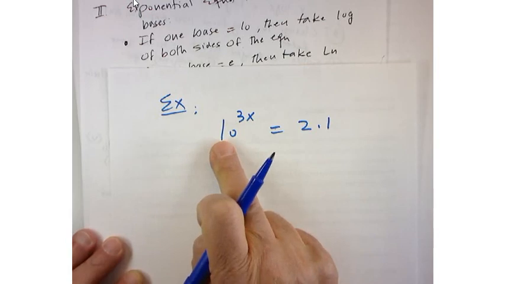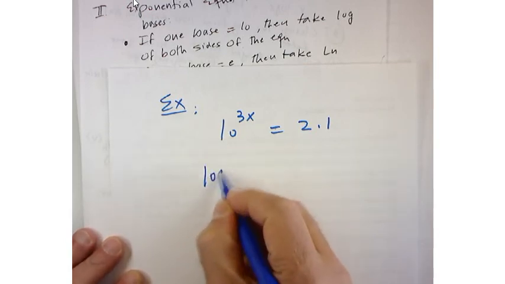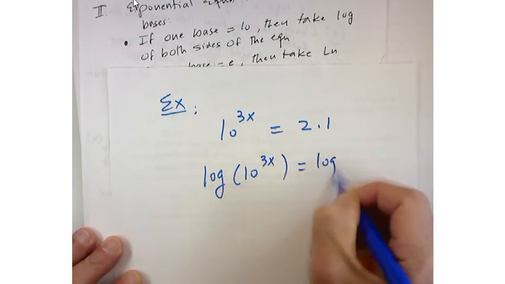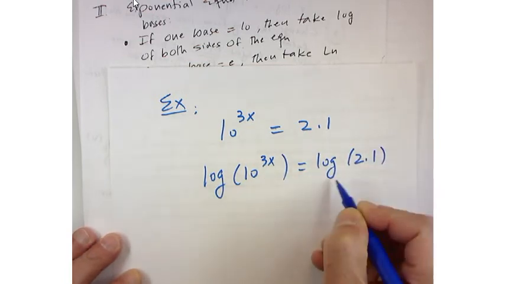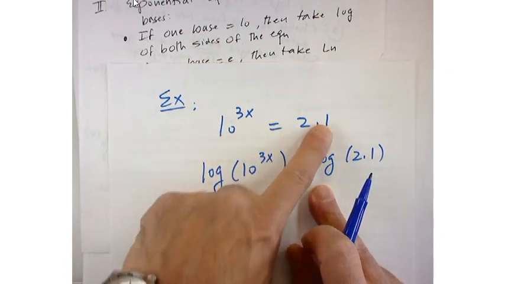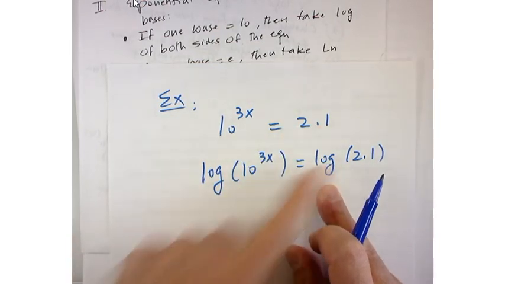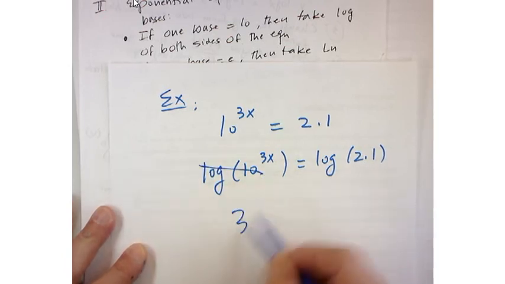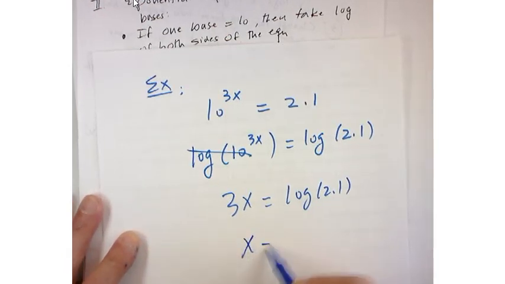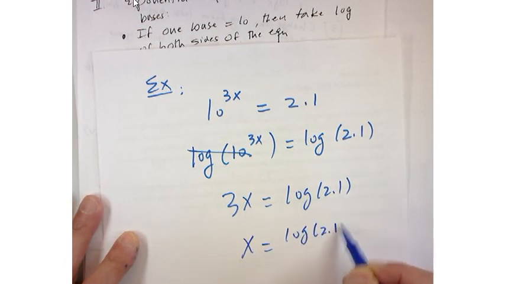This is a base 10. To get rid of base 10, we do log base 10 of the left side equals log base 10 of the right side. Again, the reason we can do this is because log functions are 1 to 1. If x1 equals x2, then log of x1 equals log of x2. That cancels out, and now the exact answer would be log 2.1 over 3.